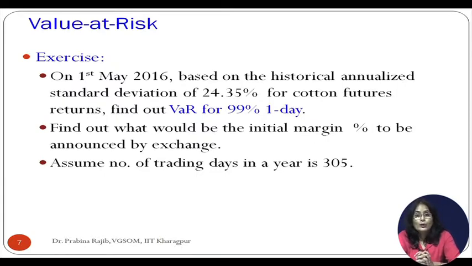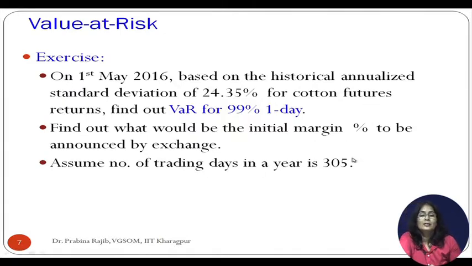So how do we go about it? Here my assumption is that the exchange operates Monday to Saturday, that is 6 days a week. That is the reason why I have taken the number of trading days as 305. If in India we have exchanges operating from Monday to Friday, that is 5 days a week, this number will be reduced to 252.